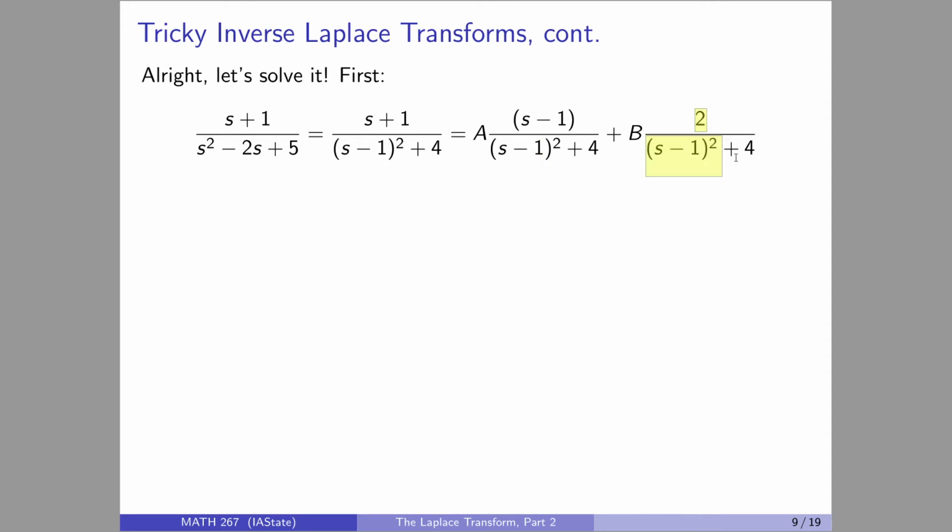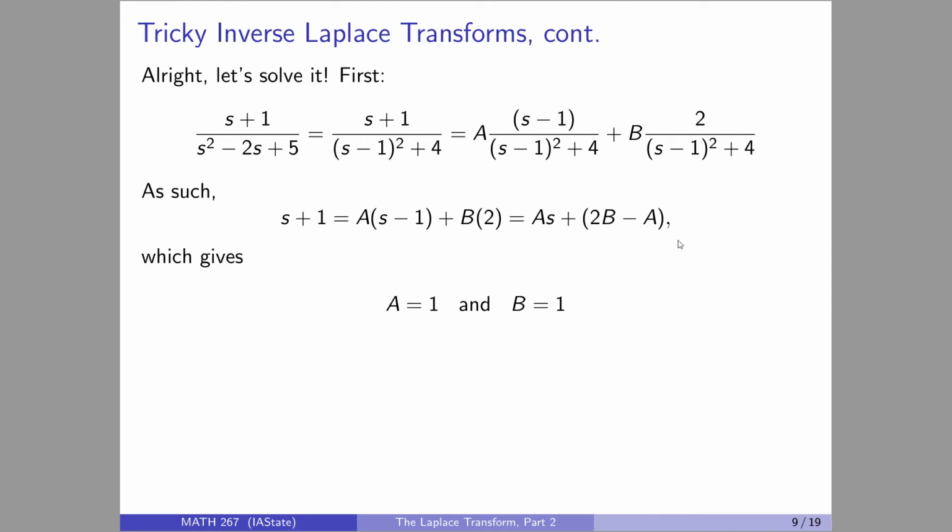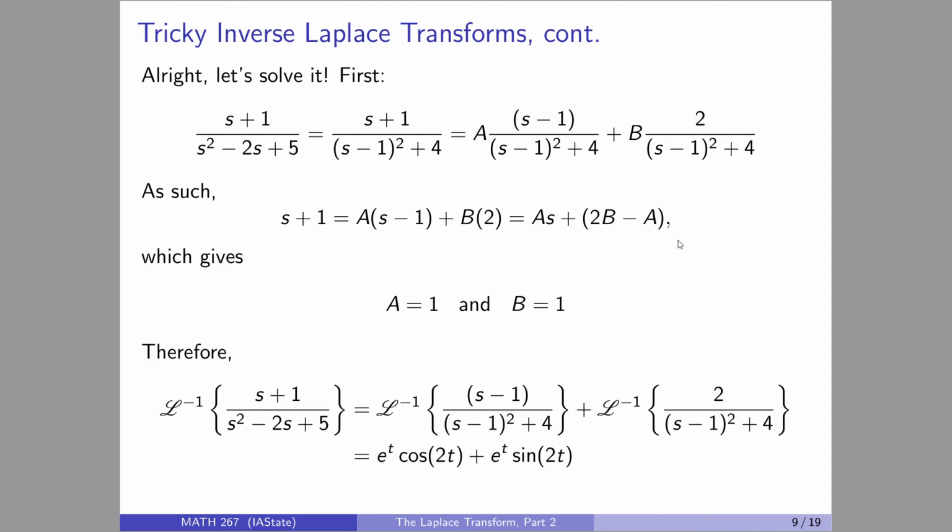And here, this will inverse Laplace to sine of 2t multiplied by e to the t for compensating for the shift in the s-axis. So when I cross multiply it, then it breaks into this. A is 1, and b has to be 1 as well. And boom, there we go.